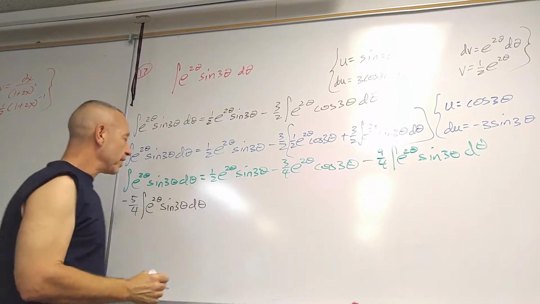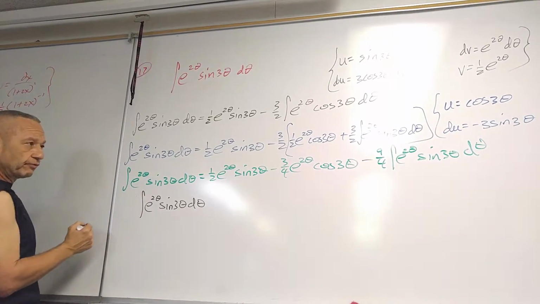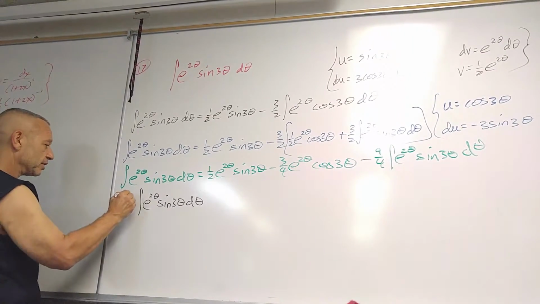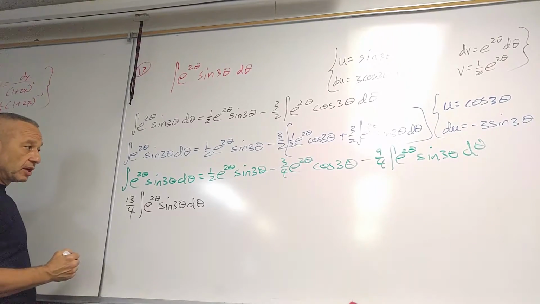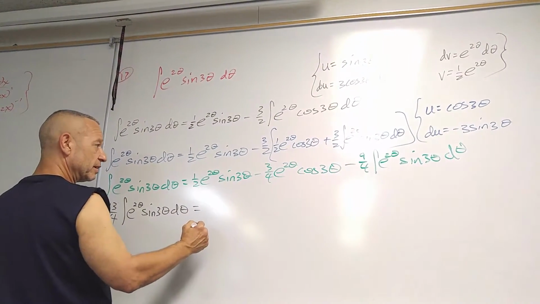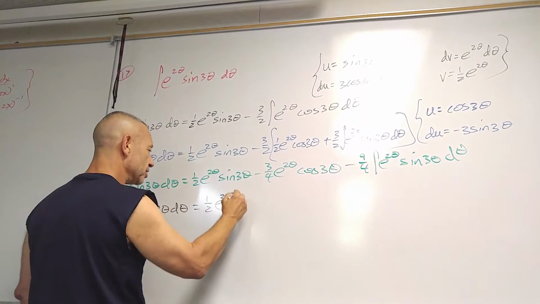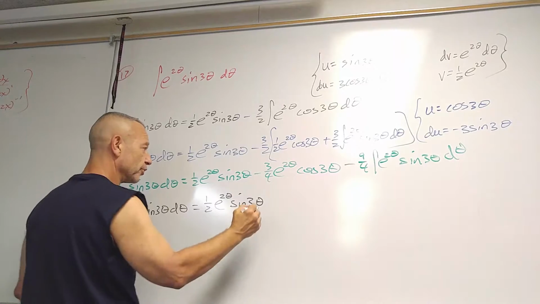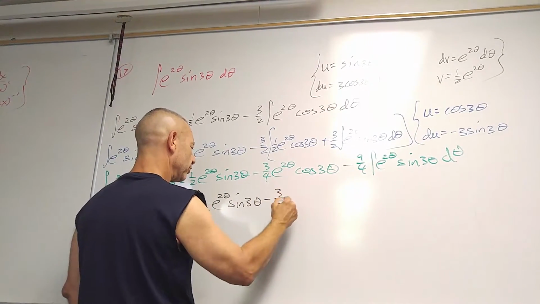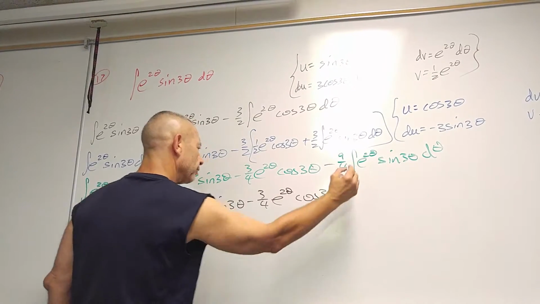So when I add that back over here, it is going to be 9 and 4 indeed, 13/4. And that will equal, let's go ahead and just leave it that way. You don't need to factor out the e to the 2 theta, unless that pleases you for some reason. Minus 3/4 e to the 2 theta cosine 3 theta.